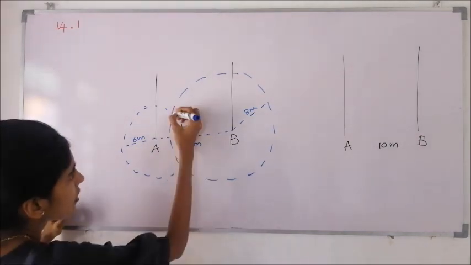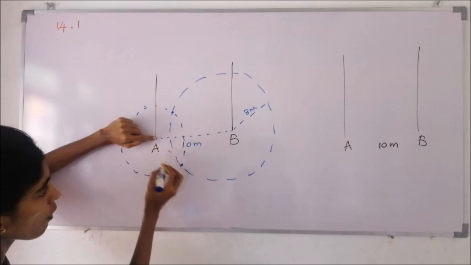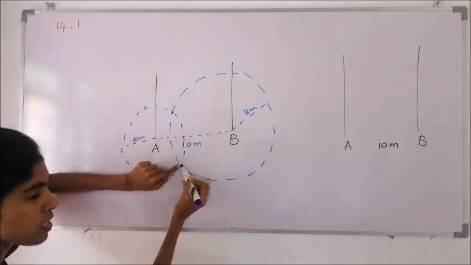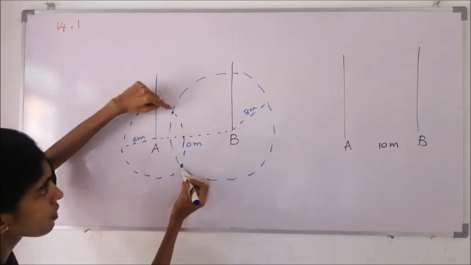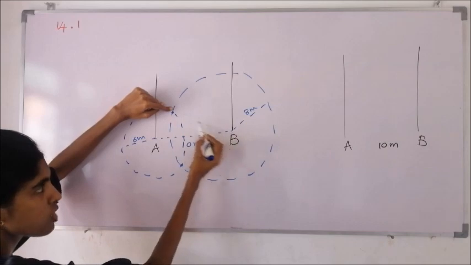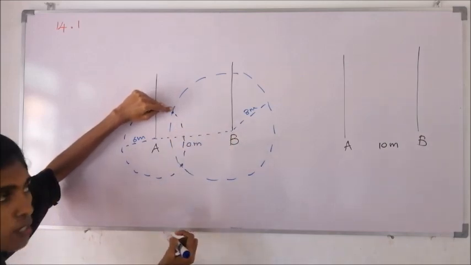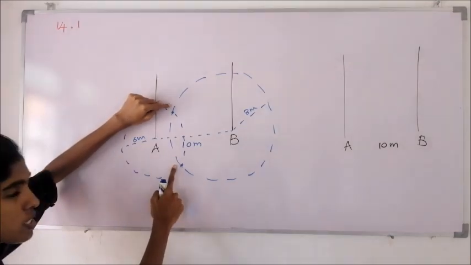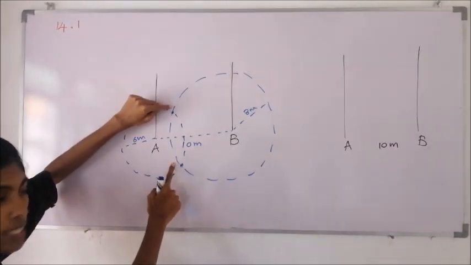They are like this. From point A 6 meters away and from point B 8 meters away. This point is also located 6 meters away from A, 8 meters away from B. So these are the two points that we can use to fix the lamp post C.